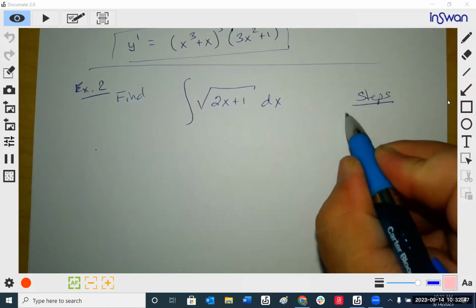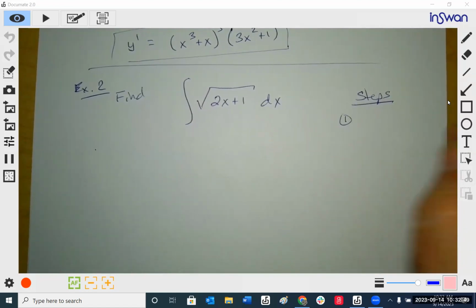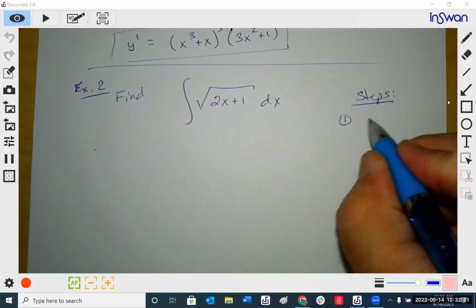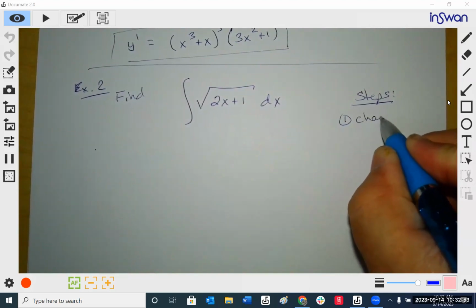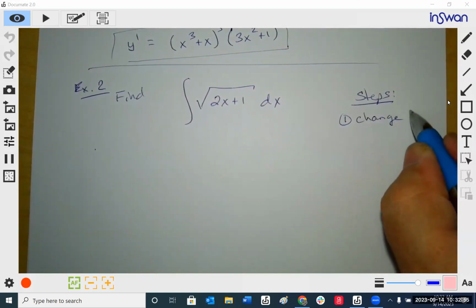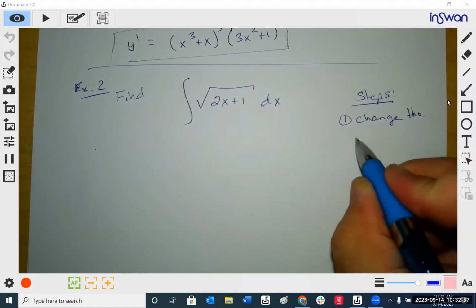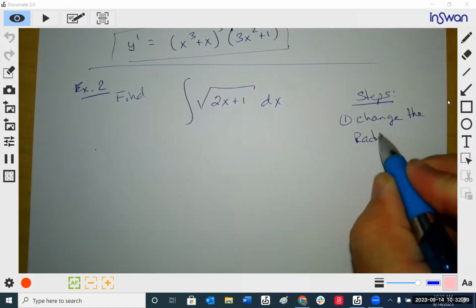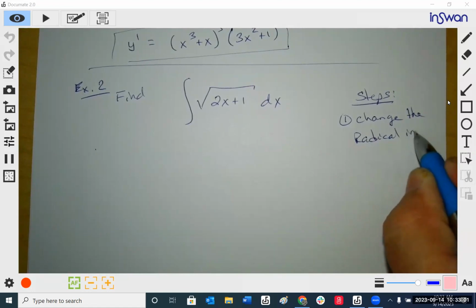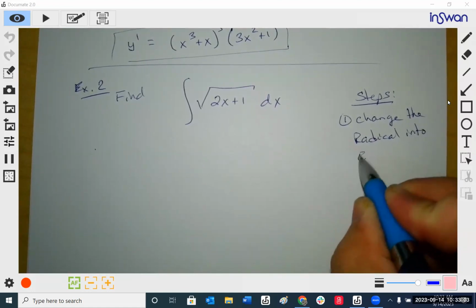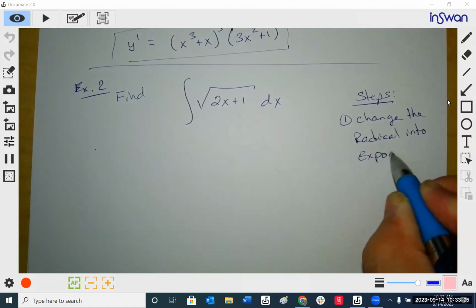Here are the steps. Change the radical into an exponent.